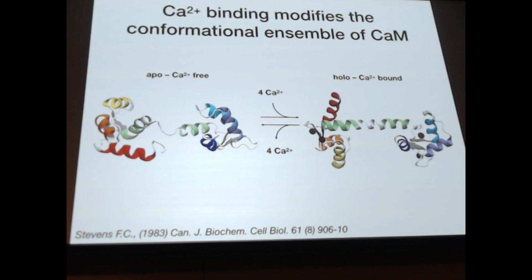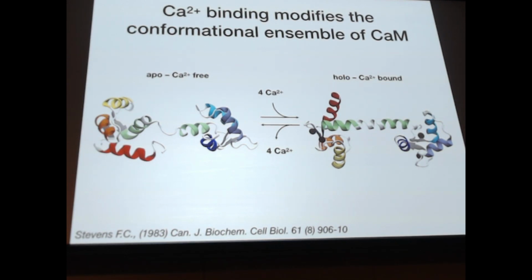They expose hydrophobic residues, and that allows them to bind to hydrophobic targets and to then regulate the function of the protein. In the absence of calcium, you can see that the structure is quite different. It's much less rigid, and the lobes are collapsed onto themselves. And in that case, it's much more difficult to bind a target protein.